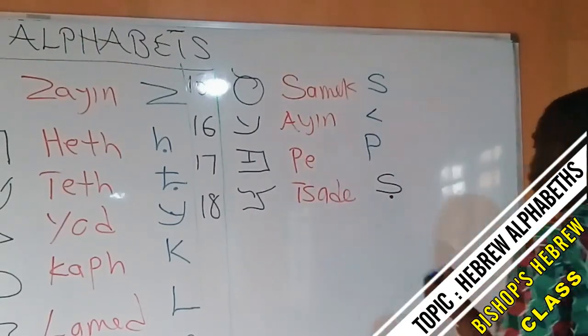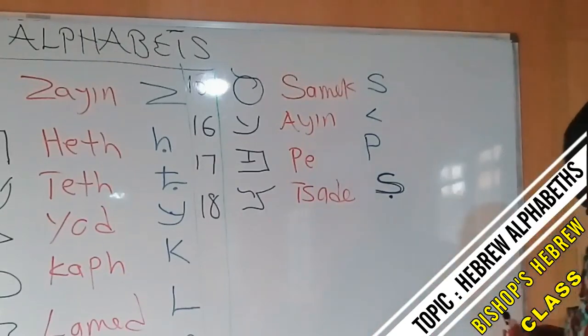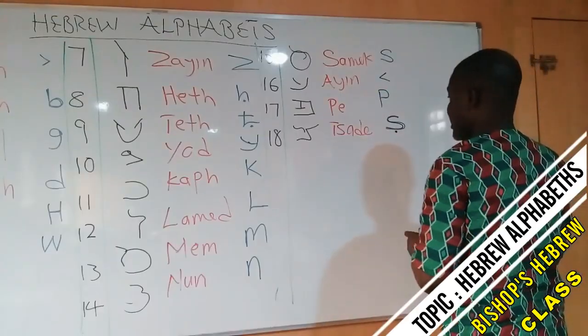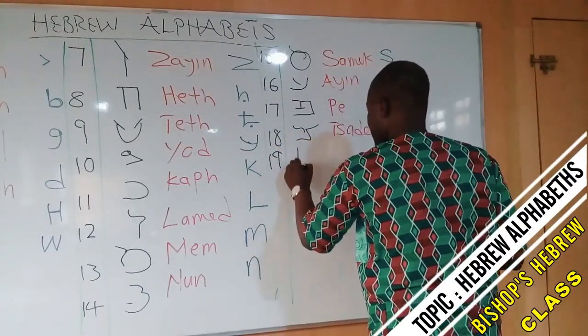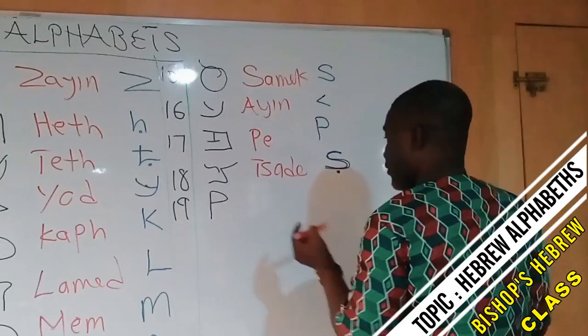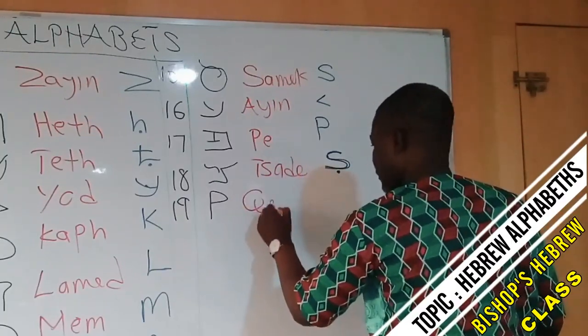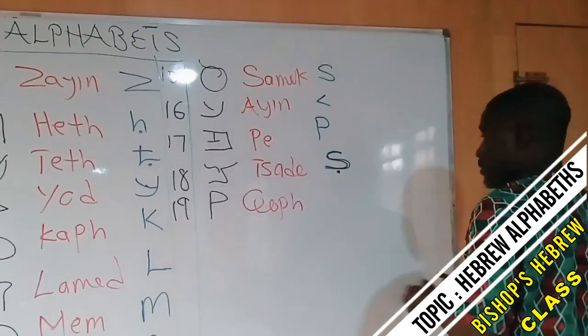Okay, let me use the blue pen not to break the protocol. The next one, the 19th letter is Qof. It's written this way. This stands for a Q in English.